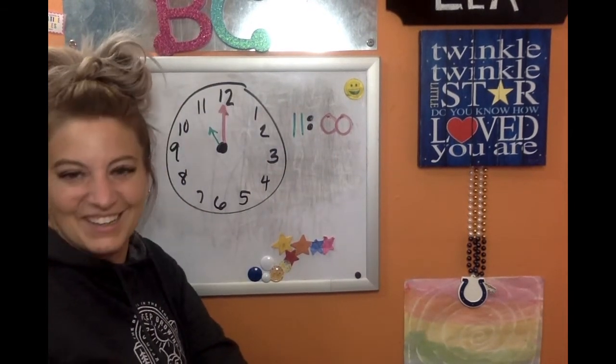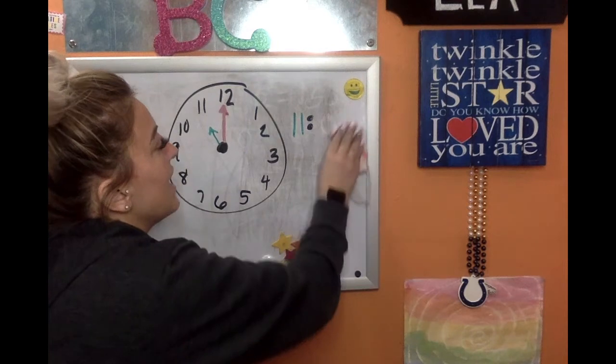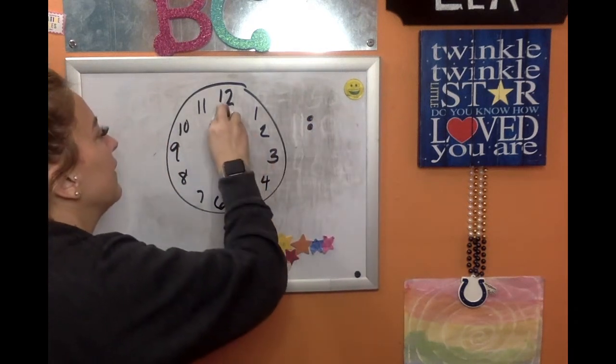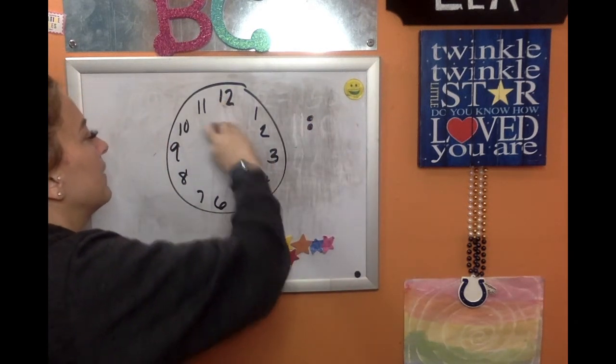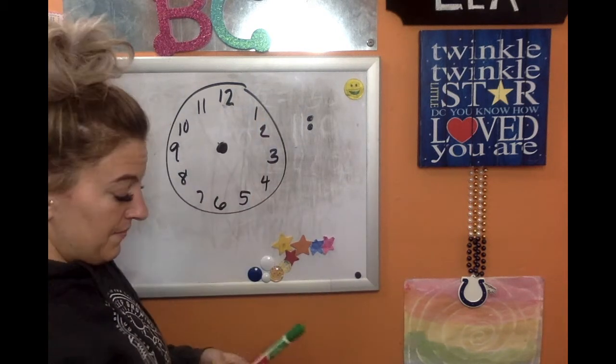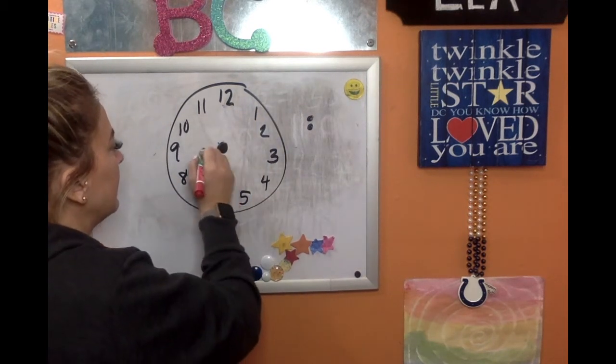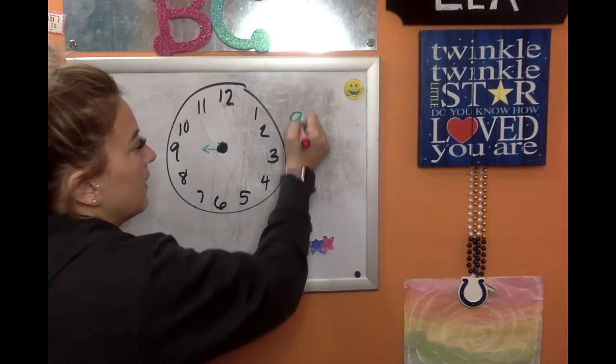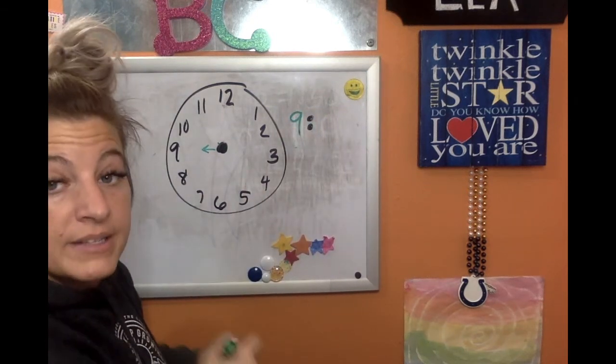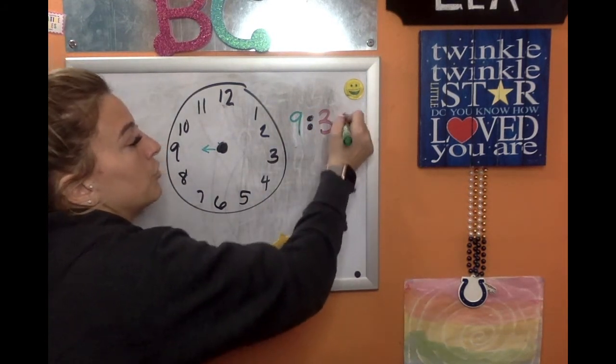Good work. Okay, the next one, we're at 9:30. Where does the minute hand need to be to show 30?